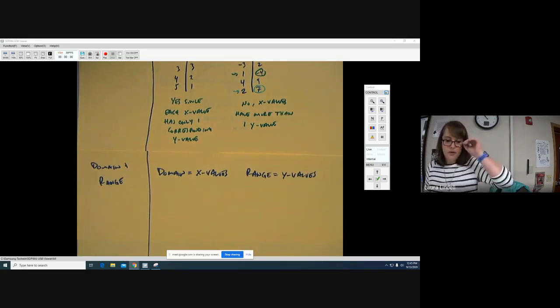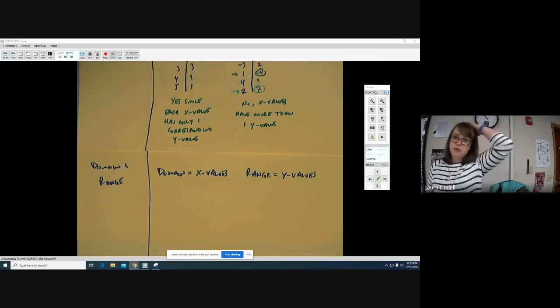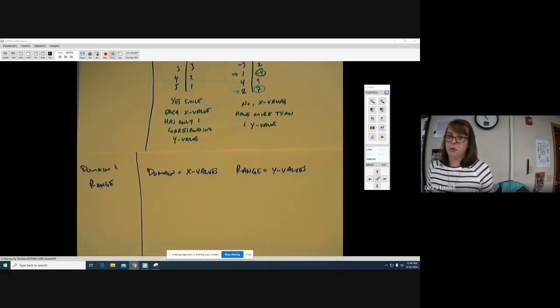Okay. So the domain is the X values, the range is the Y values, and there's some notation with how we talk about what the domain and range consist of. And there's a couple different types of notation that you'll see, and there's a particular type of notation that you might have already seen that I'd like us to use the most often.